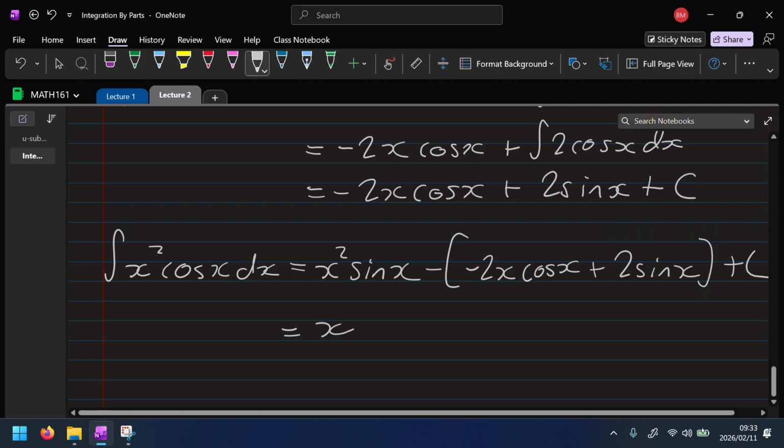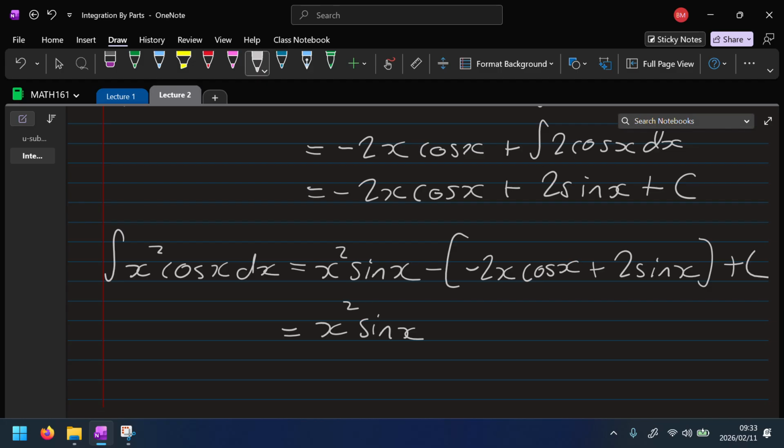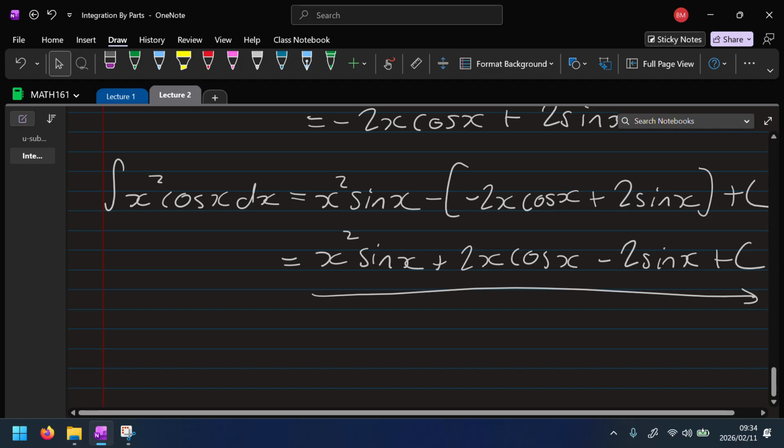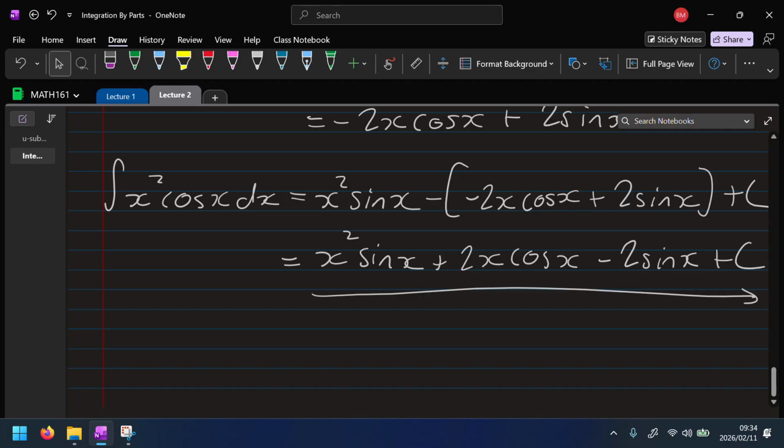So this is going to be x squared sine x, minus and a minus, so there'll just be a plus, and then a minus. Okay, you see we have more terms now because we had to do it twice. All right. Any questions for this example?